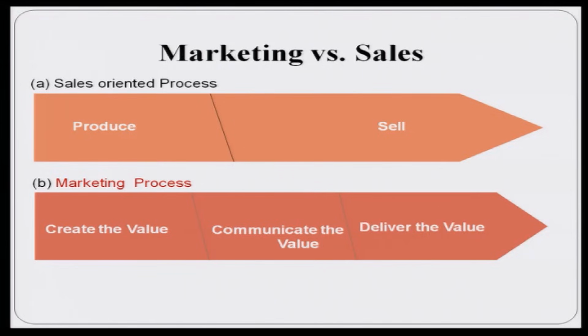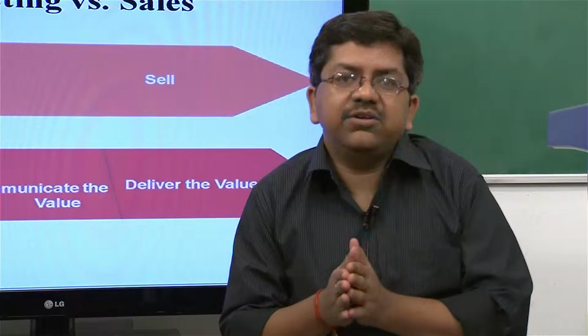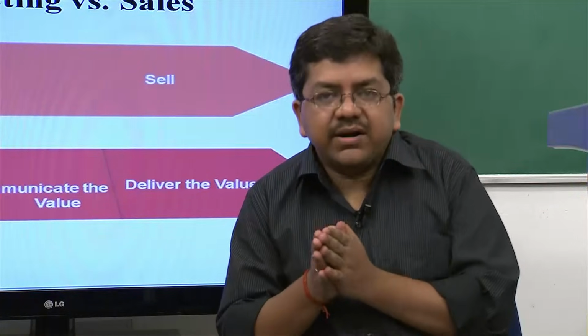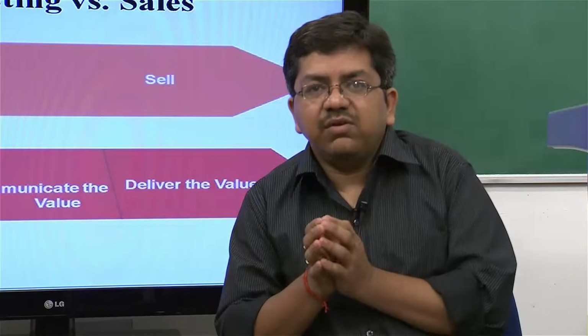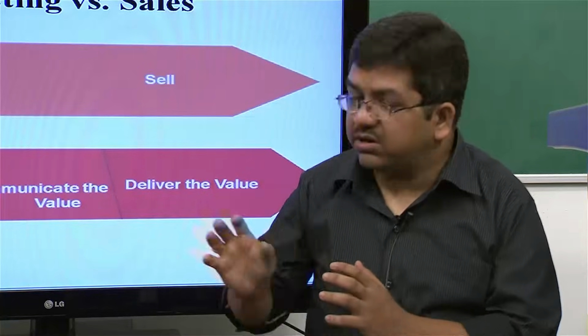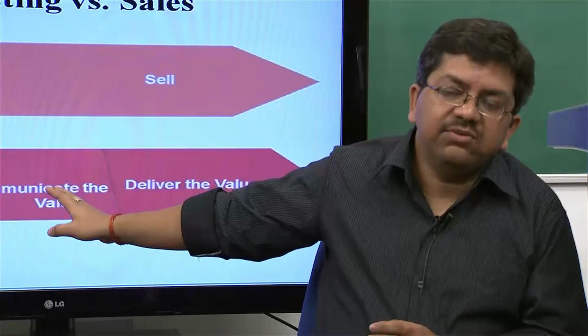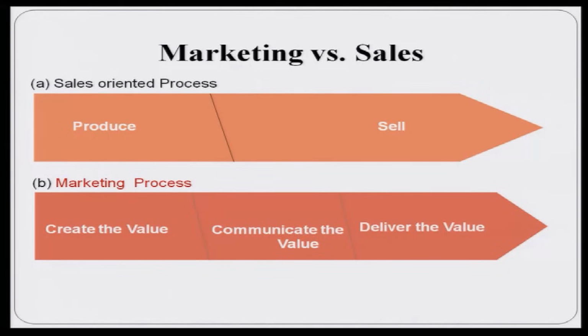Now, we will try to explain the difference between marketing and sales. As this picture depicts, a sales oriented process is just focused on producing the product and then going and selling it to the customer. A marketing oriented process has more focus on the creation of value, and then communicating and delivering it, rather than just giving the customer whatever I have.